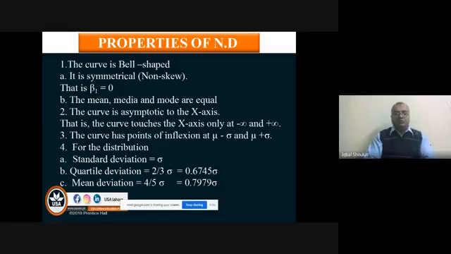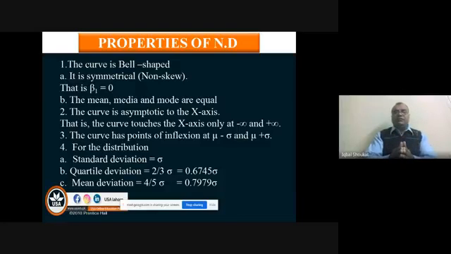The quartile deviation regarding the normal distribution is always two-thirds of its standard deviation, or even in normal situation we can say that it is equal to 0.6745 into sigma.